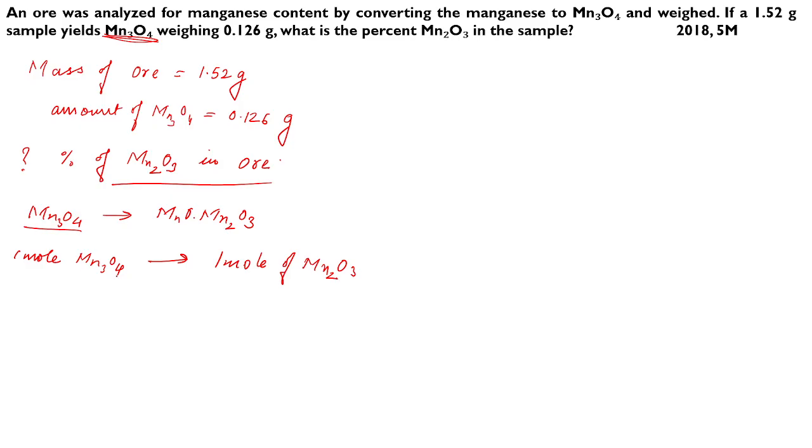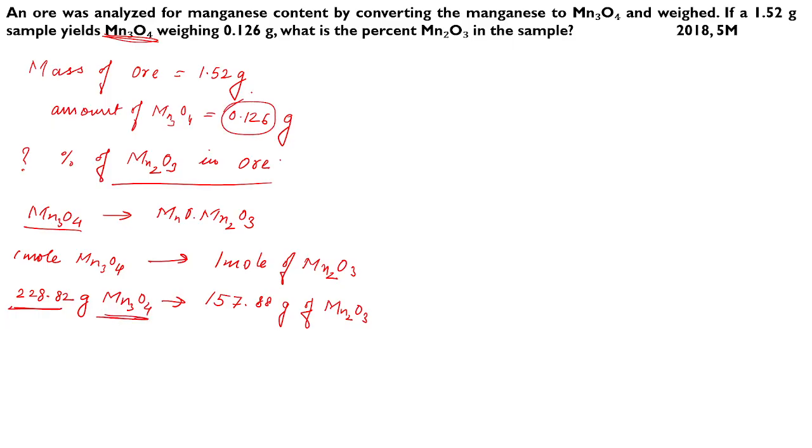The mass of 1 mole of this Mn₃O₄ is 228.82 gram. Mn₃O₄ will give you 157.88 gram of Mn₂O₃. Okay, but how much amount of Mn₃O₄ do we have?